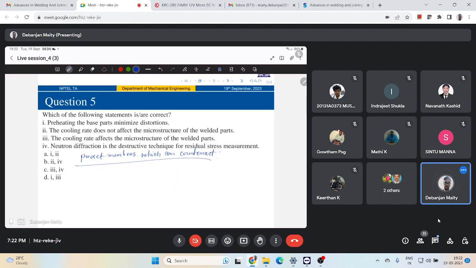If your structure is like this, you can prepare your structure like this so that it negates the effect. And then you can use fixtures to clamp the workpiece in place. The fixtures will restrain or reduce the distortion, but it can increase the residual stress. That you have to keep in mind. And as I mentioned, you can do some stress relief treatment.